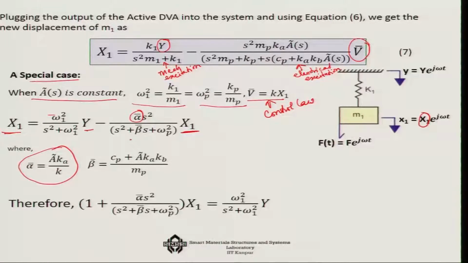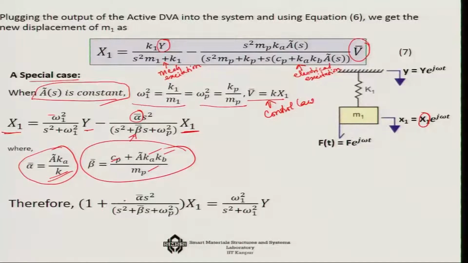We also have another parameter, beta bar, which is (Cp plus A tilde k_A k_b) over mp. Since you have already chosen Cp, k_A, k_b, mp and you have considered A tilde(s) to be constant, you are not going to get any change here, but this alpha bar you can actually tune.